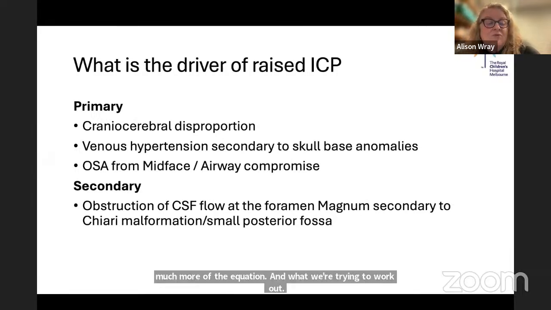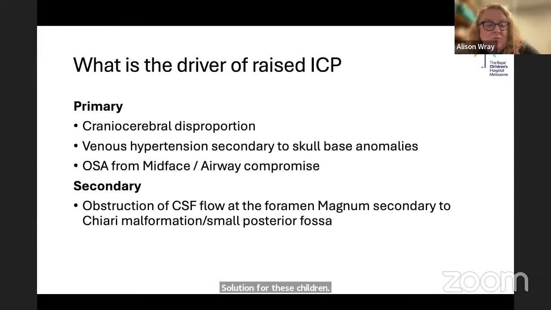So again, it's helpful to think about what is driving the problem with raised pressure. Is it simply that the skull vault is too small for the size of the brain? Is it that venous hypertension, secondary to the skull base changes and stenosis at the outflow, is causing the raised pressure?